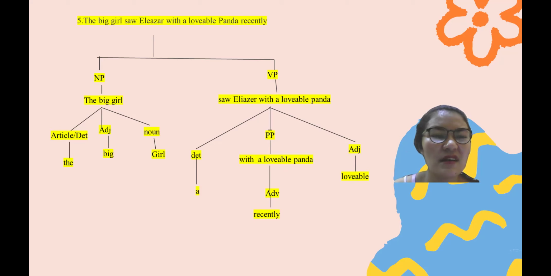The noun is girl. The verb phrase is saw Eliezer with a lovable panda. The prepositional phrase is with a lovable panda. With is a preposition. The adverb is recently. The adjective is lovable. And the article or determiner is a.